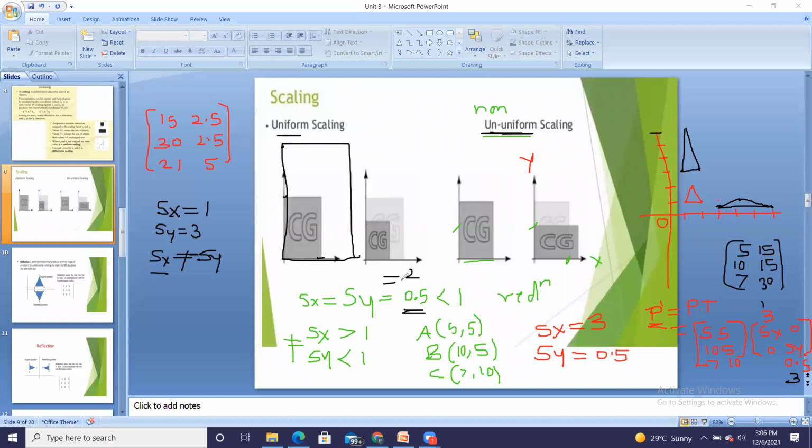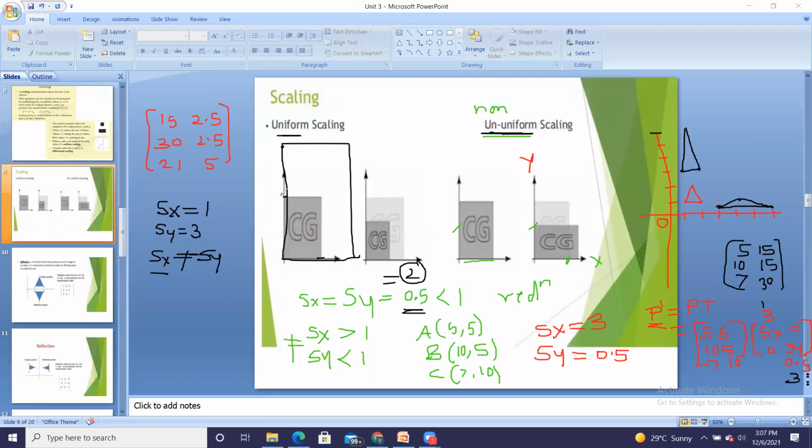So whenever Sx and Sy is equal to 2, that means 2 times the original object. At that time, what will happen? Your object will expand along x 2 times and along y also 2 times. दोन्ही साइडनी एक्सपान्शन होतंय. विड्थ पण वाढतीये आणि हाईट पण वाढतीये. का तर Sx and Sy both are having value equal to 2.